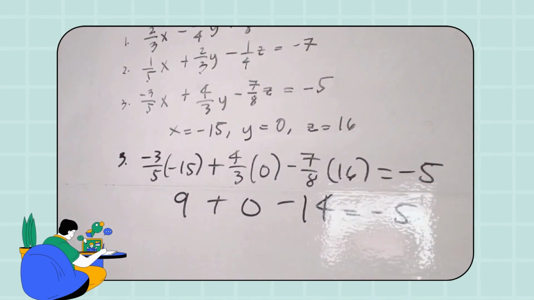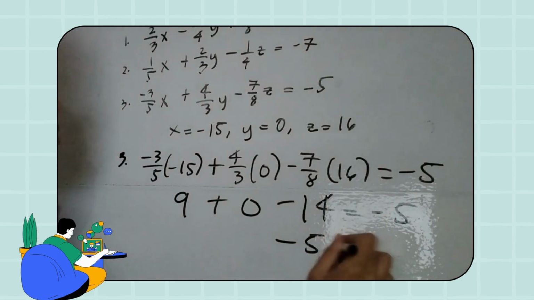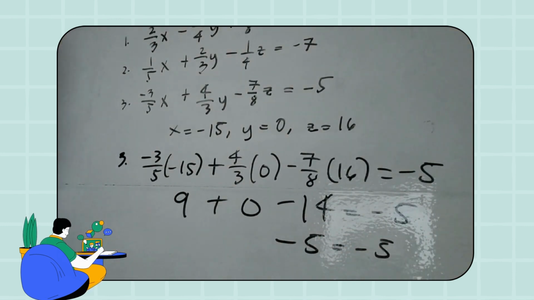So let's solve it. Negative 9 plus 0 is negative 9, minus 14 is negative 23. That means that solutions x equals negative 15, y is equal to 0, and z equals 16 satisfies all three original equations. Thus, the solution is verified as correct.